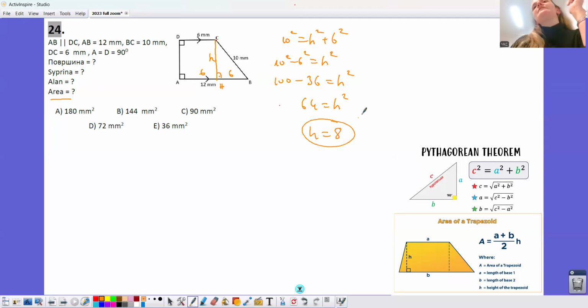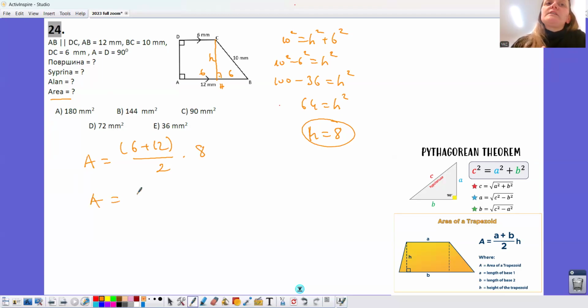One more time I'm repeating. Also this one is a special right triangle, 8, 6, 10, it is known. You can remember them, so you will not do this operation and you will not lose time. So if h is 8, now the area will be 6 plus 12 over 2 times 8.